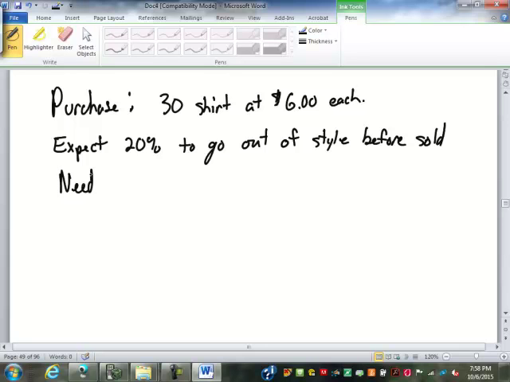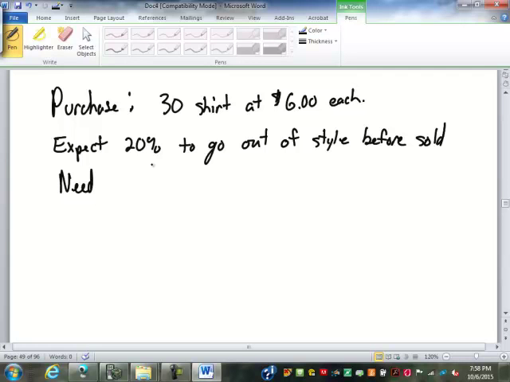And actually with clothes, that 20% is low. In order to keep a proper stock on the shelves, a lot of times there's a considerable number that's still sitting there when they go out of season or out of style. So it's not uncommon to see 35 or 40% that go out of season.